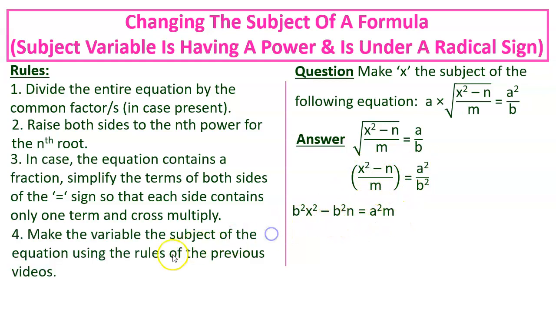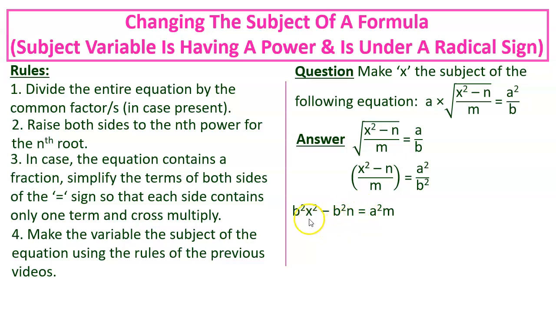Rule number 4. Make the variable the subject of the equation using the rules of the previous videos. And in our previous videos, what did we see? We collected all the terms containing x on one side of the equal to sign, and we had taken all the other terms to the other side.